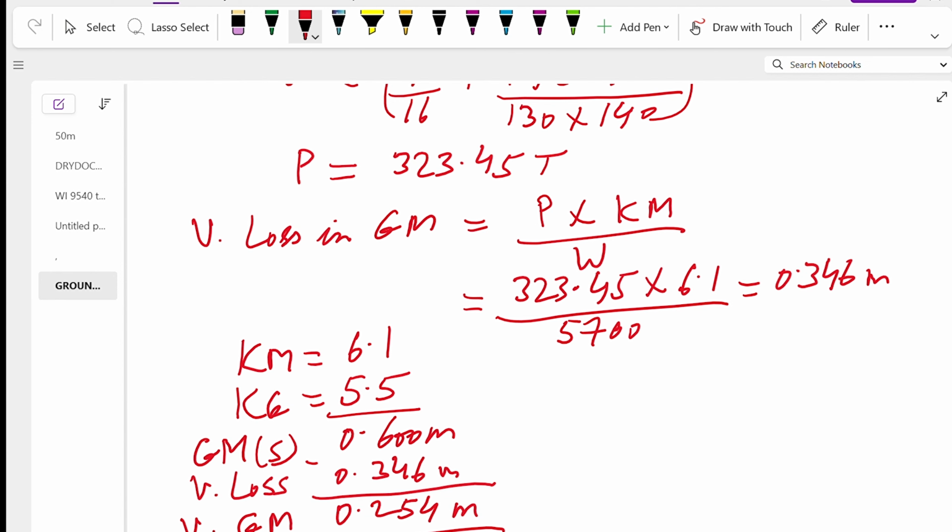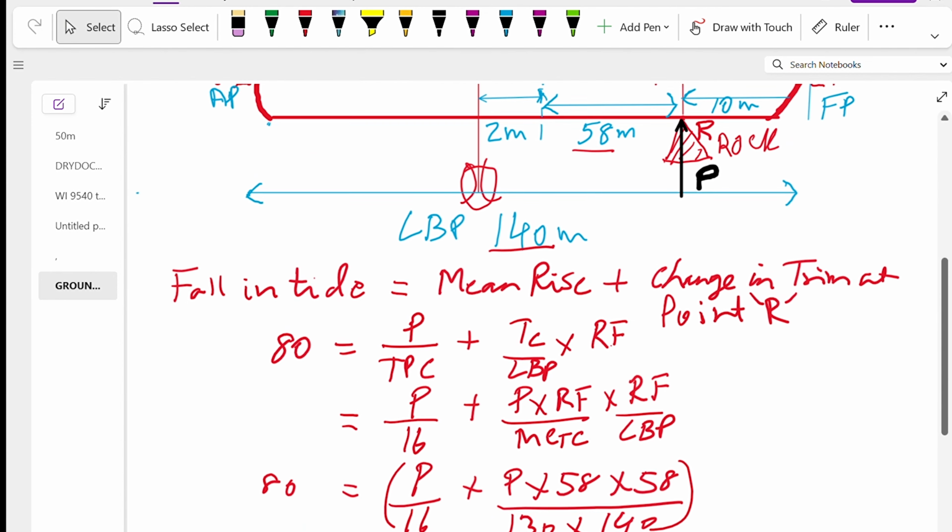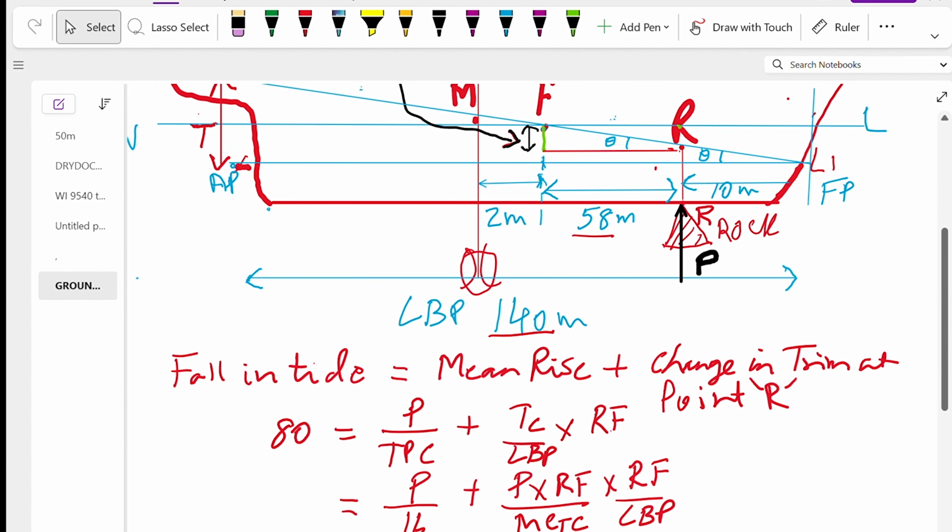So far you should have understood what we are saying: the fall in tide at point R, what will be the effect on the draft at point R, which is the point where the ship is grounded. So whatever is the fall in the tide after grounding, at the grounded location where the ship is touching the ground, the change in the draft will be equal to the fall in tide.